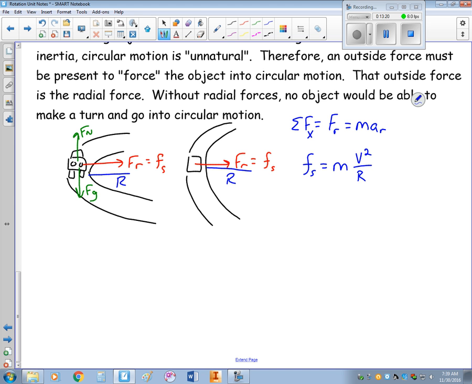For interstate ramps, the radius of curvature is very, very large. Friction, we calculate that with the coefficient times the normal force. Normal force, if we're on a nice unbanked turn, the normal force is the same as the gravitational force. You know, it's an equilibrium on the y-axis.